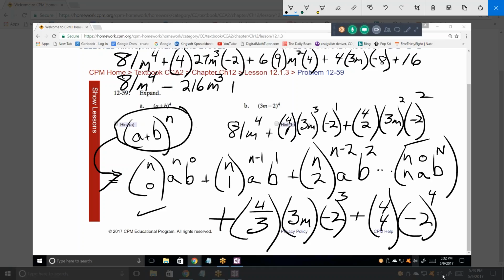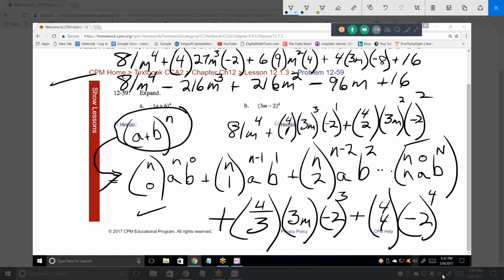This is plus, what's 4 times 54? 216 m squared. This is going to be minus 32 times 3 is 96m plus 16. There's your answer. That's what 3m minus 2 to the 4th power is.